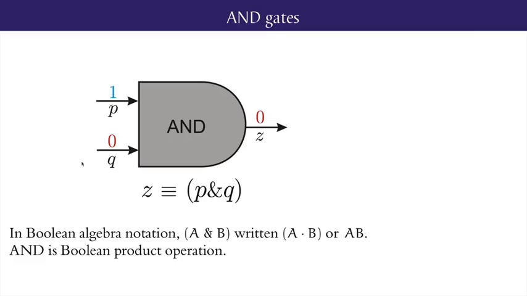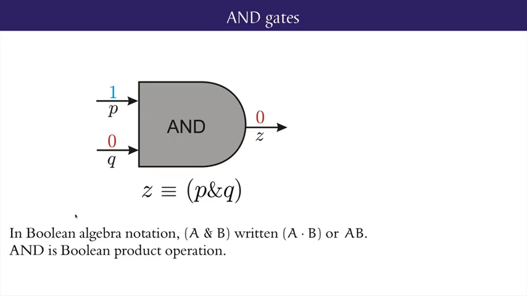First, the AND gate. In its simplest form, an AND gate is a two-input, one-output system such that the output is 1 if and only if both the inputs are 1. We assume you know the truth table for AND. The standard symbol for an AND gate is characterised by the round output end and the straight input side.